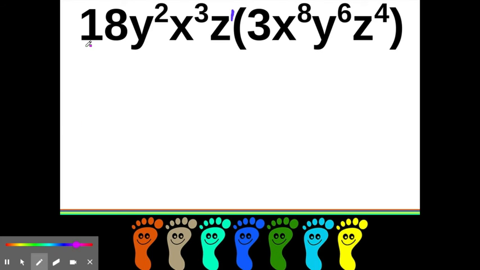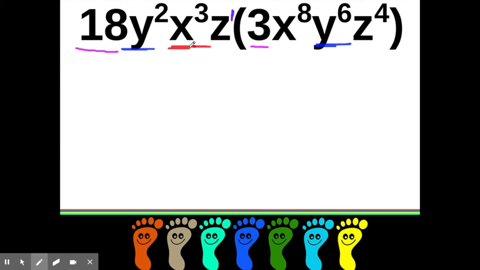Now, my coefficients can be multiplied. Everything with a base of y, I can add those exponents. Everything with a base x, I can add those exponents. And then everything with base z, their exponents can be added as well.